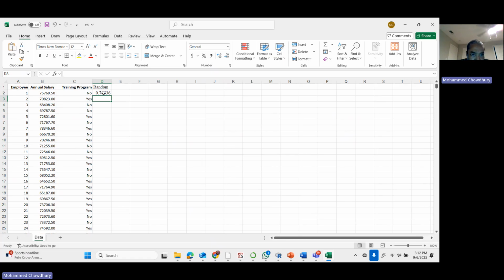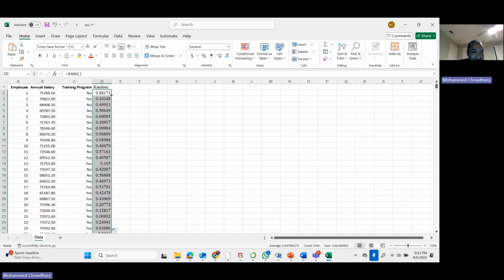Now with the fill handle, if I double click, all the empty cells up until 2501 are filled with random numbers from 0 to 1. As it has been filled, now I want to sort this data frame, column A to column D, by the variable random.